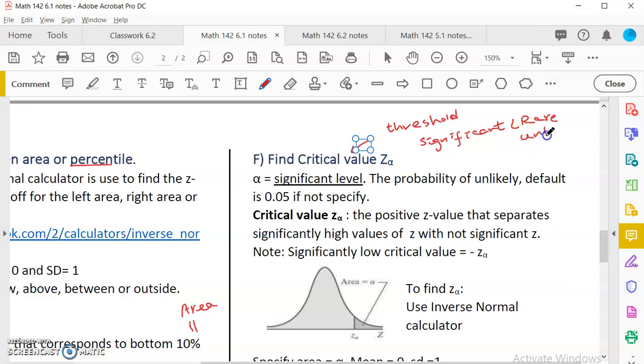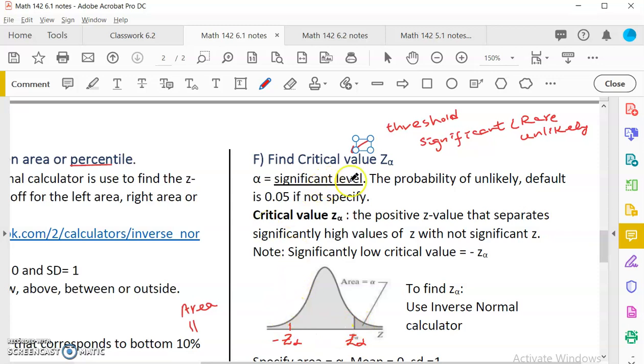Usually the Z alpha values are at the ends, right? So this is a negative Z alpha. They are really low, that's very rare. In the bell curve, anything that is 2 to 3 or over 3 is so rare. So there must be a cutoff.